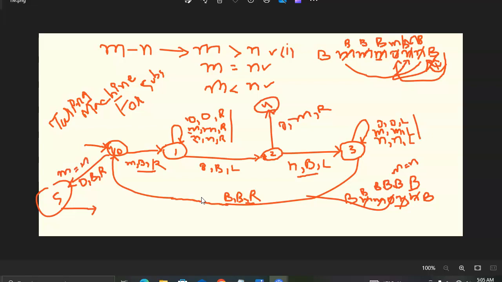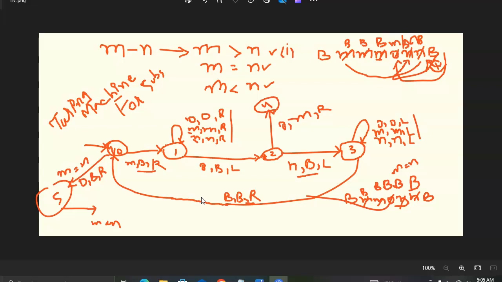Alright, so for the third condition where m is less than n, we already know that the number of n's should remain on the tape of the Turing machine.